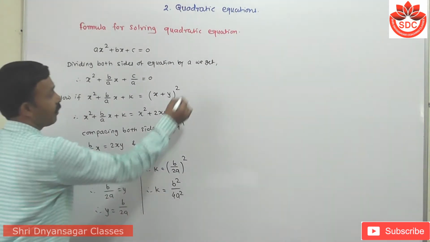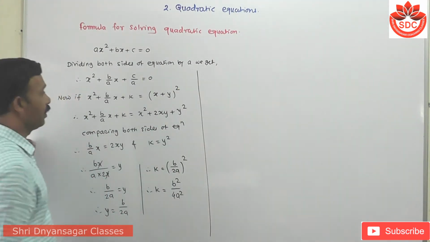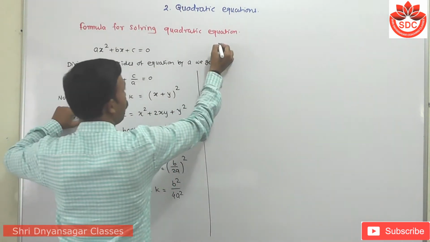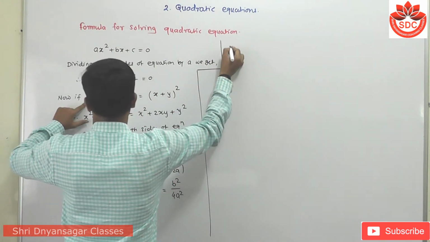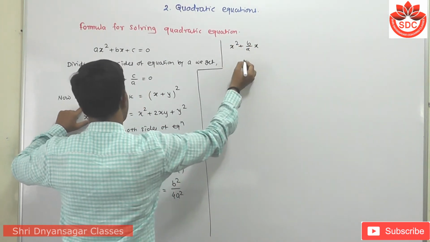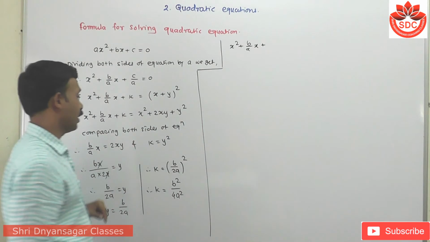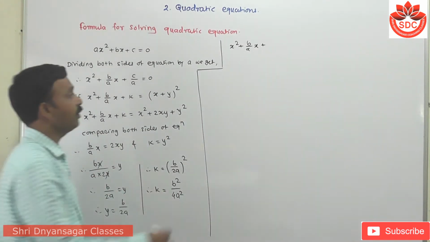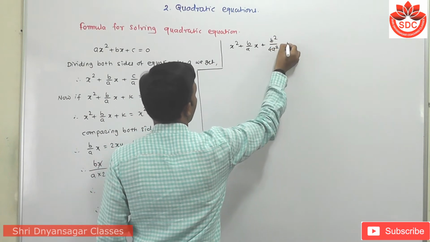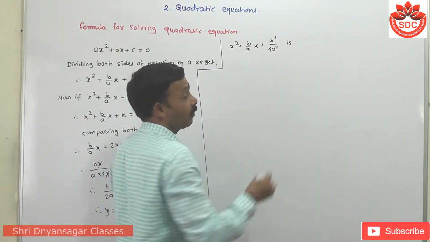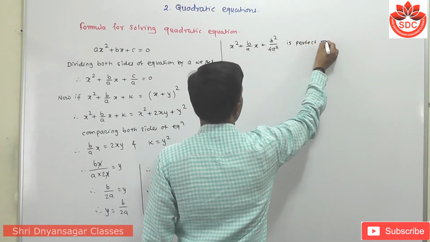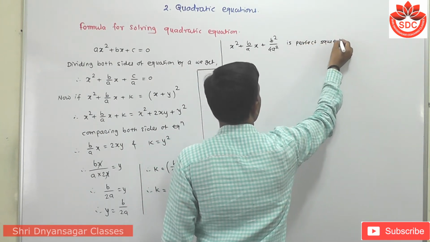Then this equation becomes x square plus b upon a into x plus k, where k is b square upon 4a square, which is our perfect square trinomial.